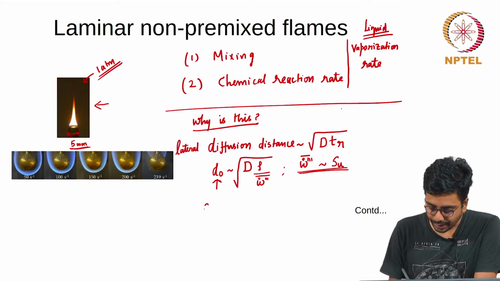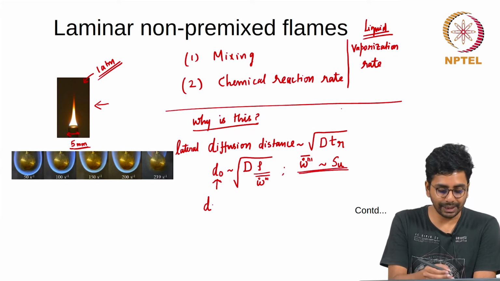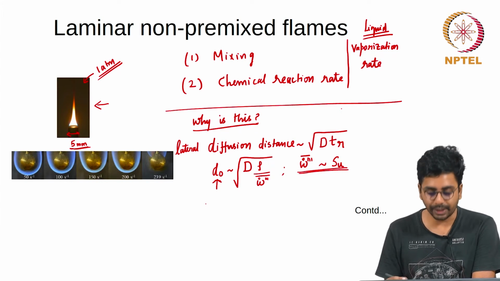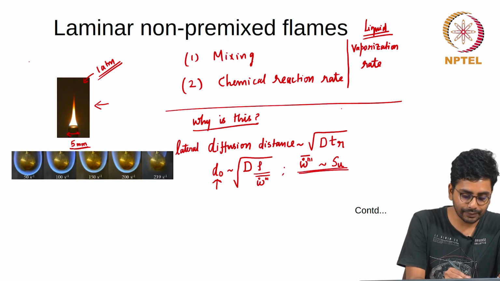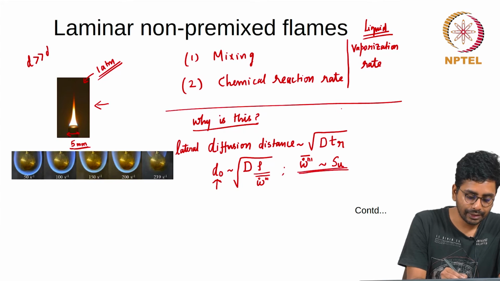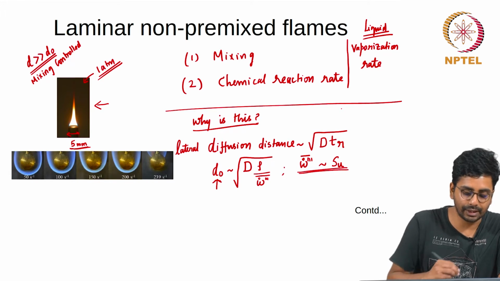For example, in this particular case where we are looking at an ethylene diffusion flame, if the diameter of the jet is much greater than the diffusion distance, then we do not have to worry about lateral diffusion. The phenomenon is simply controlled by the mixing rate alone.